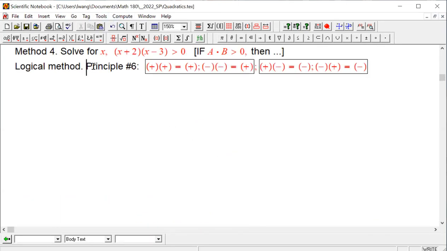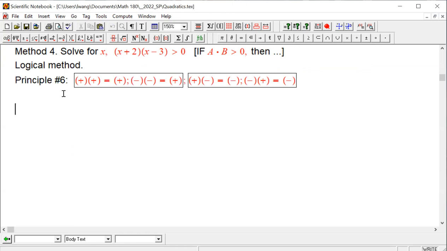Principle number 6 basically tells us that if the two numbers are the same sign, then the product will be positive. If the two numbers are opposite signs, the product is going to be negative. Since we want it to be positive, there are only these two cases. So here, what are we going to do?